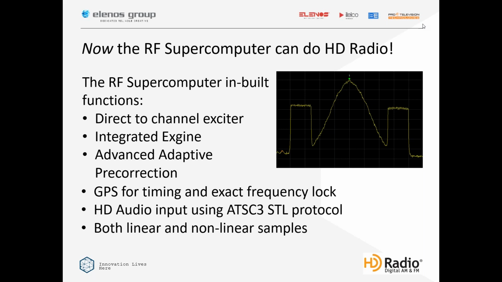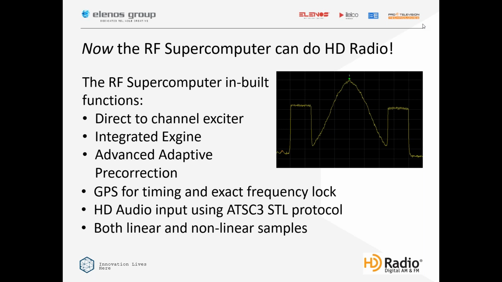Now, these are exciting times for us. We have mainly our roots in television, and since we have been relatively recently acquired by the Elenos group, it is also my responsibility to streamline our radio products. And in connection with that, we have begun to implement also the radio waveforms on the RF supercomputer.